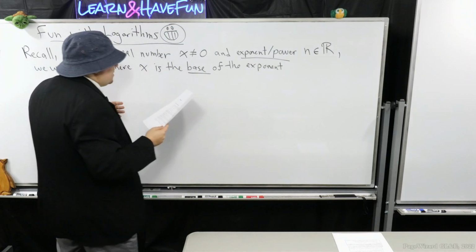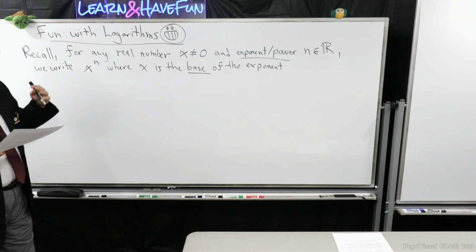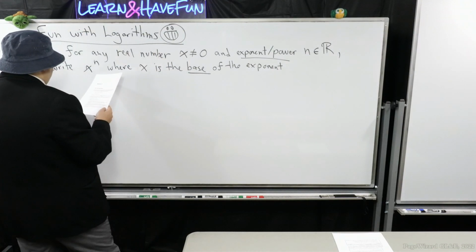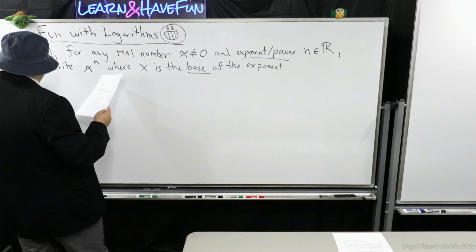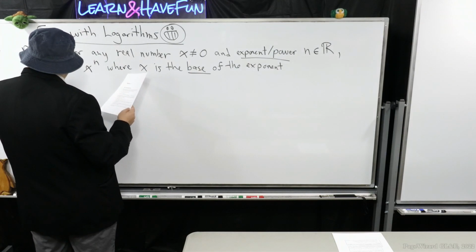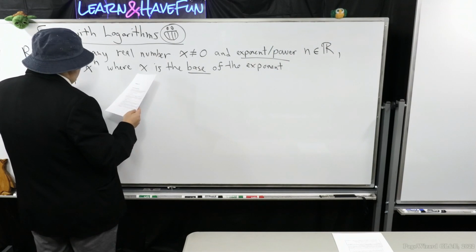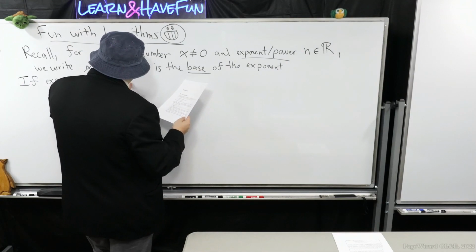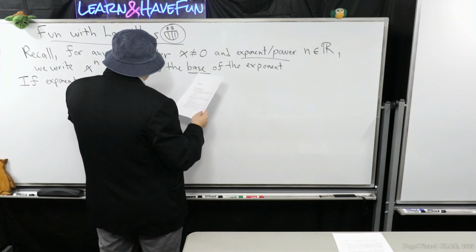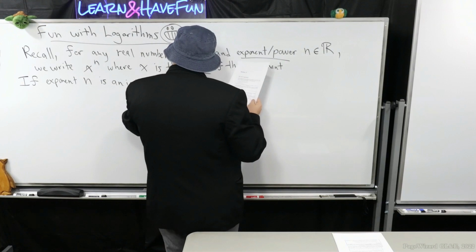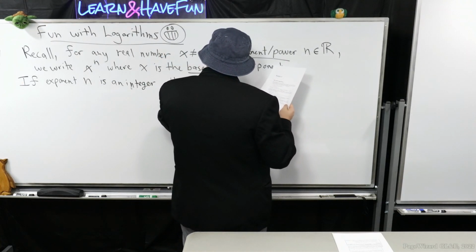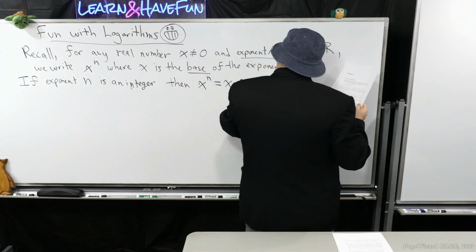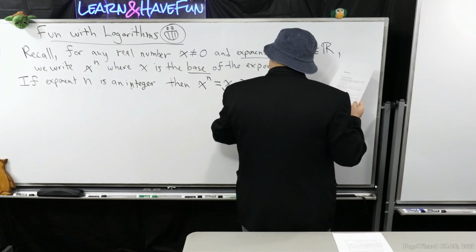So you might ask, Dan, what does this mean? Well, I'll just give you an intuition when it comes to integers, because this will work well enough for our discussions here. If the exponent n is an integer, then x to the power of n means x times x times x, all the way, where we have n of these.